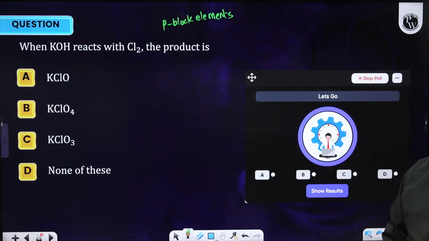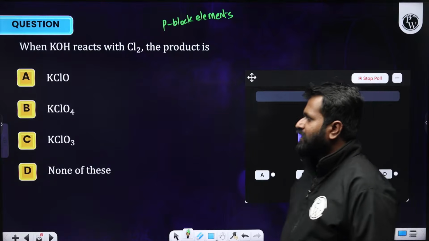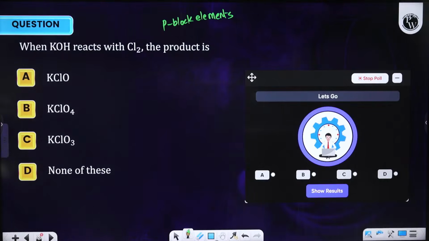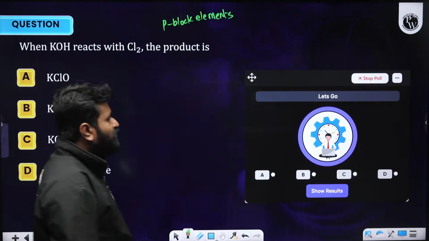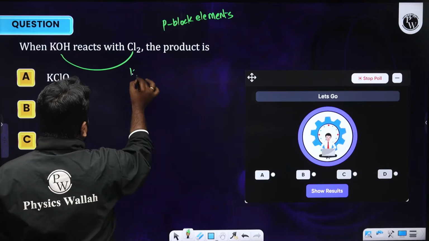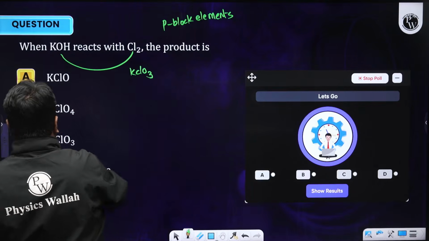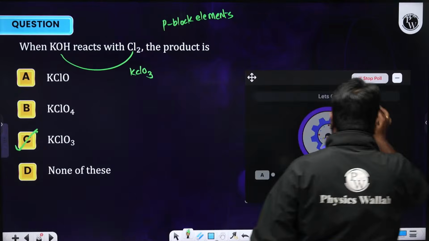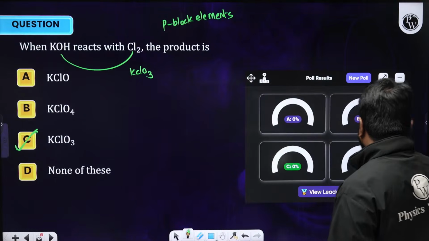When KOH reacts with Cl2, what will be the products? From now onwards, please do remember, when KOH reacts with Cl2, the product will be KClO3. So option C is the correct answer.